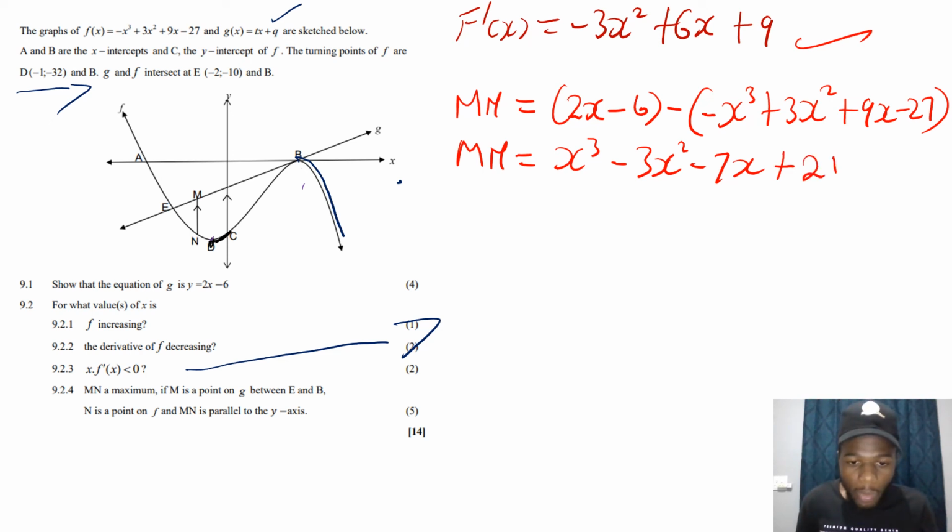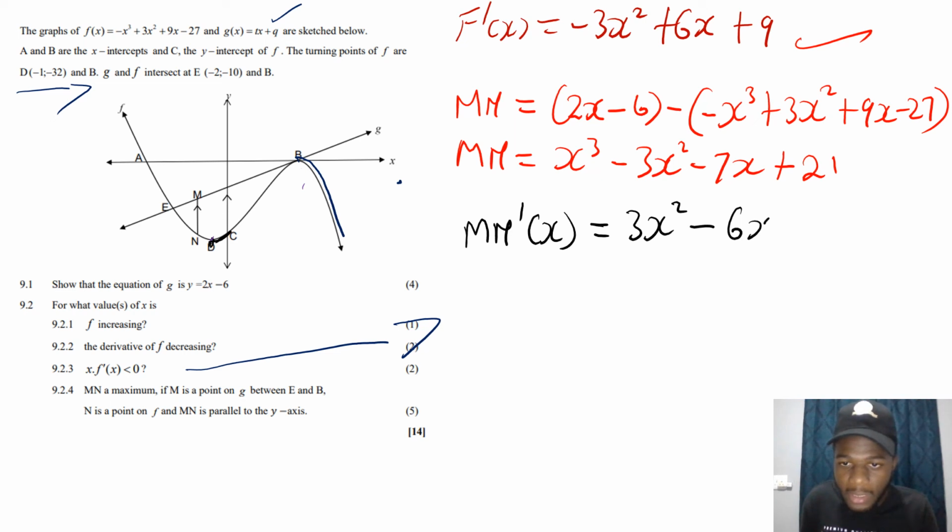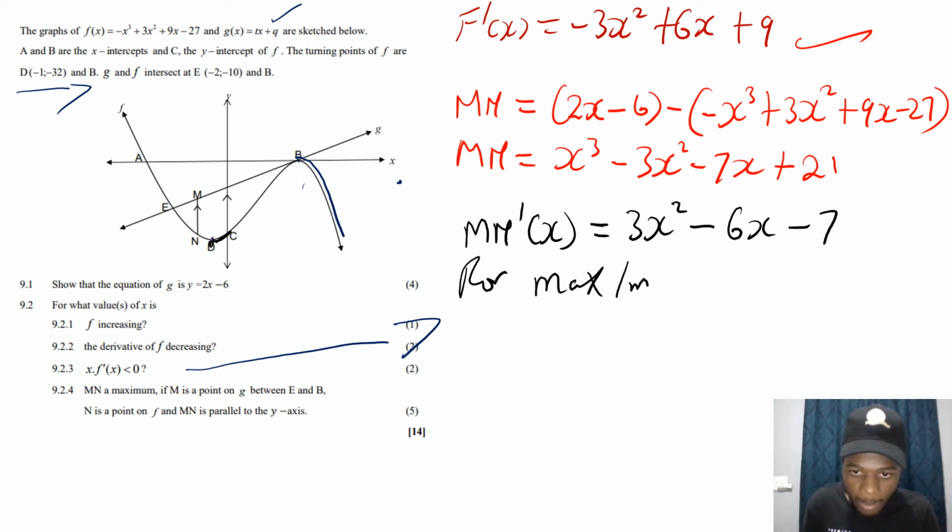Then we must differentiate this equation. Then MN prime, we differentiate it with respect to x, then it's going to be 3x squared, then minus 6x, then minus 7. Then for maximum or minimum, the derivative is equal to 0.